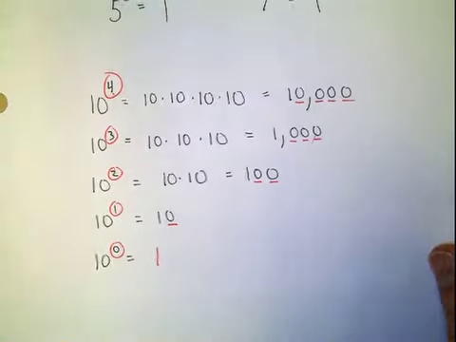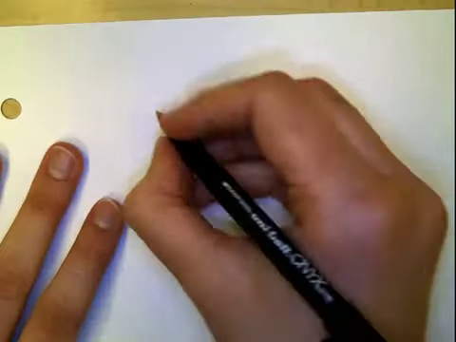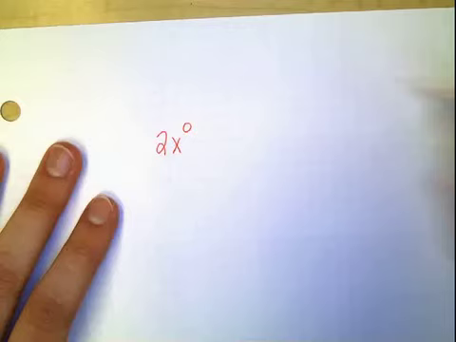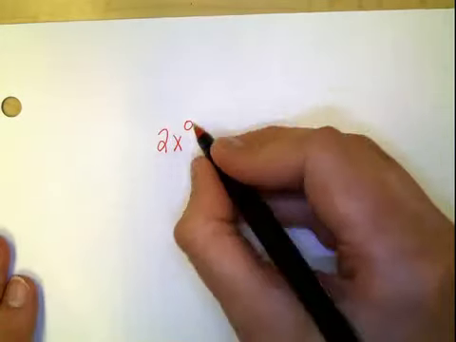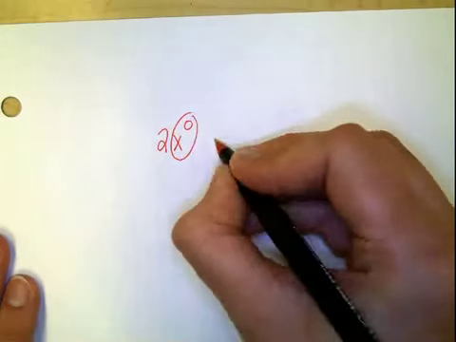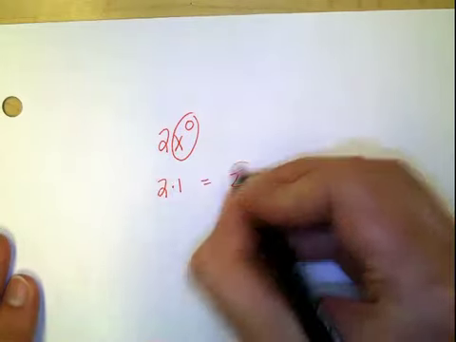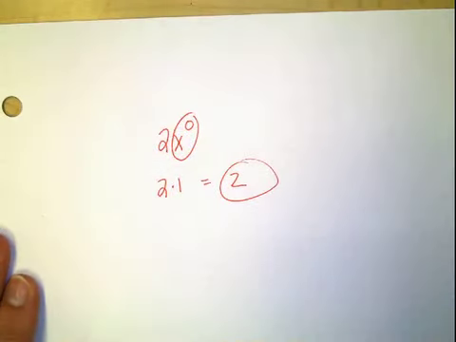So here's how we use this information in algebra. You're going to get all these weird problems where I might say I have 2x to the 0 or something like that. And right away you should know, okay, well this is just 1. So this is 2 times 1, and 2 times 1 is 2. There's my answer, knowing it quickly.